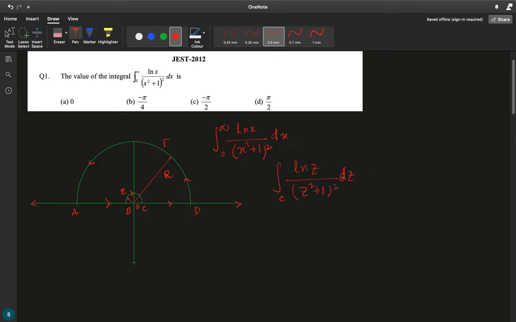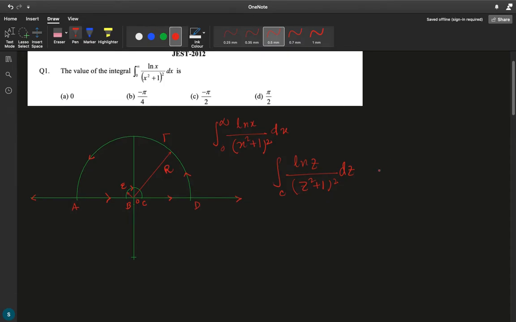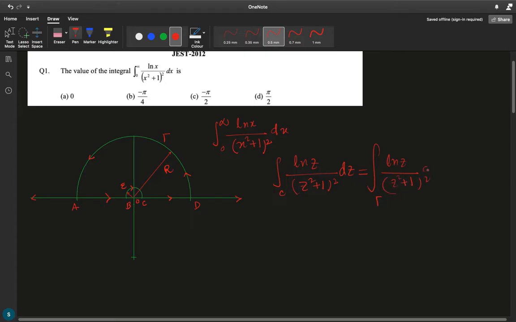All right, this integral consists of four different integrals. At the very first comes the outer circumference of this semicircle, so we write the integral over sigma of ln z by (z square plus 1) whole square dz.